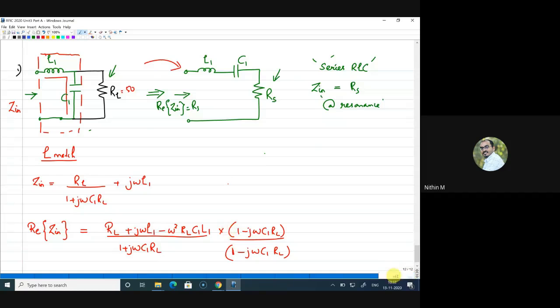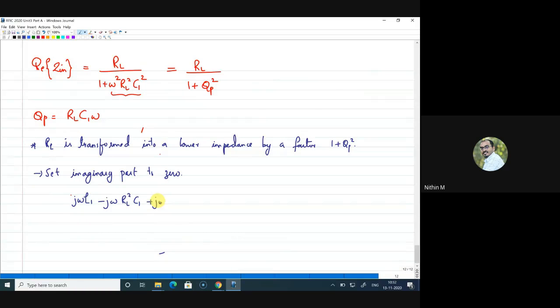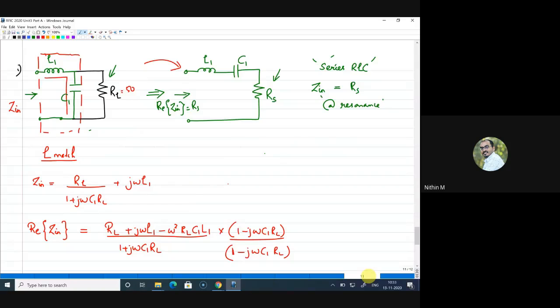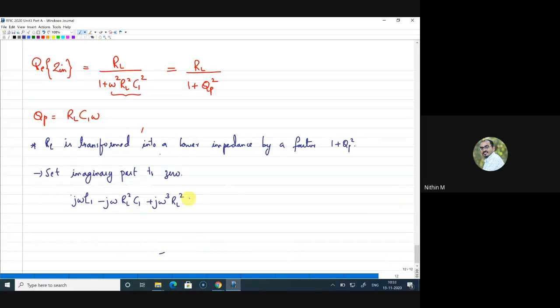Again, one more is plus j omega cube RL square C1 square L1. Right. I hope this is the imaginary part. j omega L1 minus j omega RL square into C1, plus j omega cube into RL square C1 square L1. So this should be equated to 0, right?